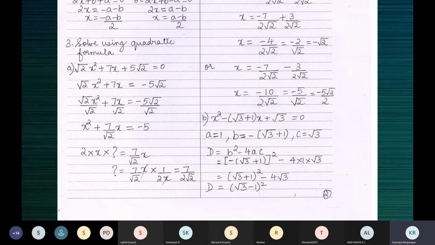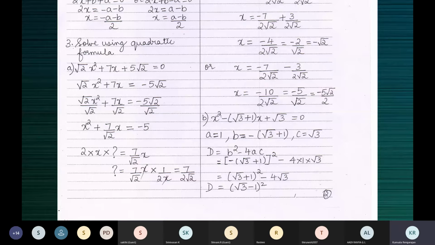Next step, write 4 as 3 plus 1, so 3 plus 1 minus 2 root 3.